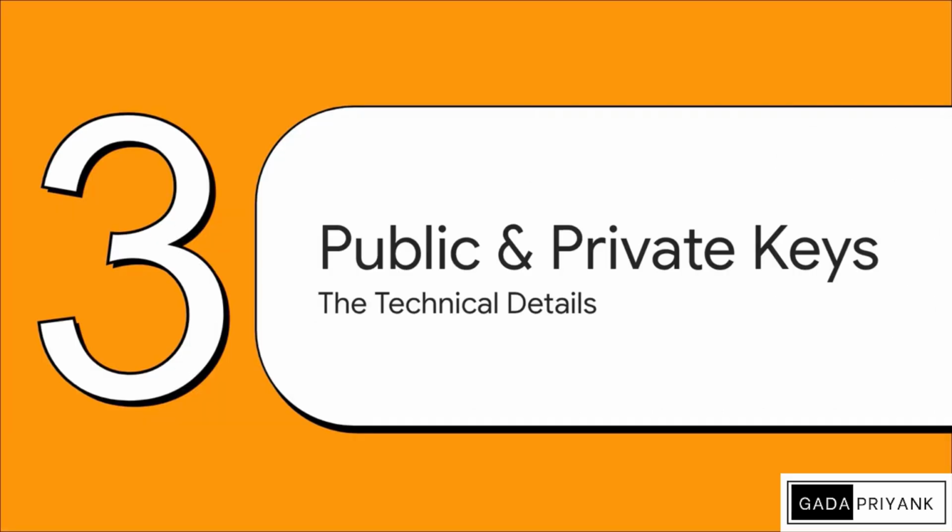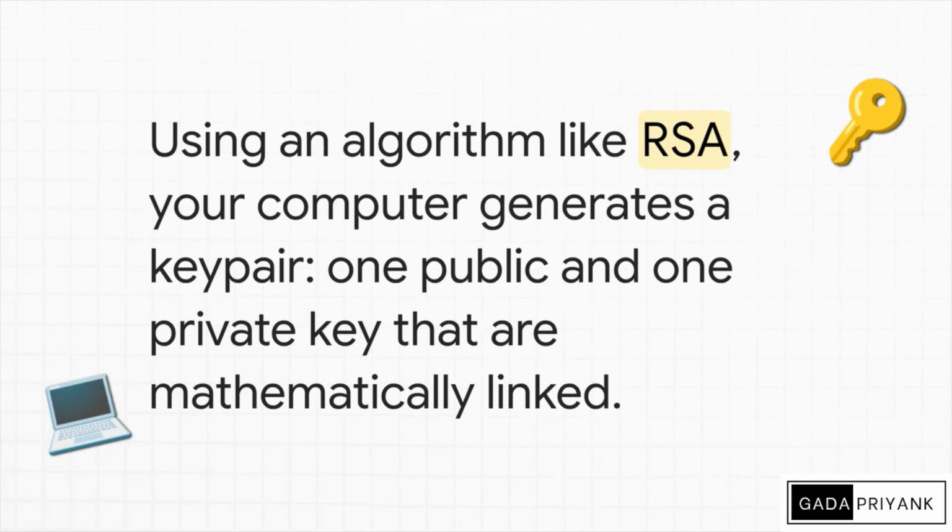Okay, so let's move away from the analogy just for a second and talk about what's really going on here with these public and private keys. Here's how it works. Basically, every person using this system generates their own unique key pair. It's exactly what it sounds like, a pair of keys. One is public and one is private. They're created together, they're mathematically linked, but they are two totally different keys.